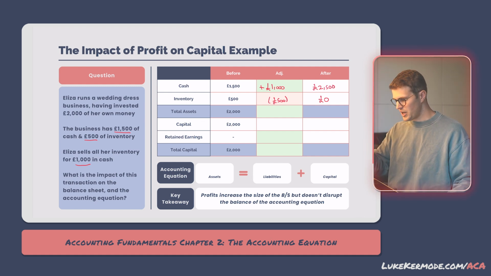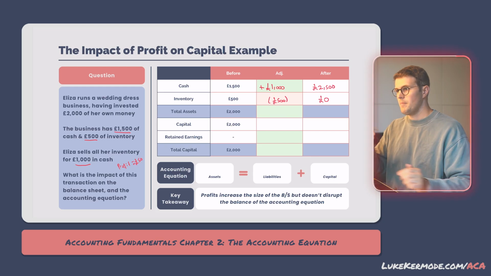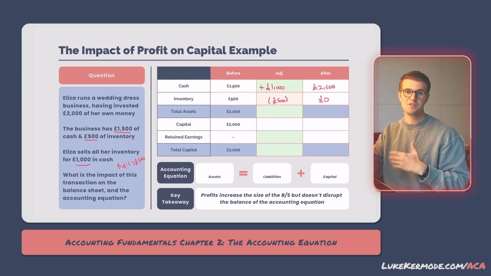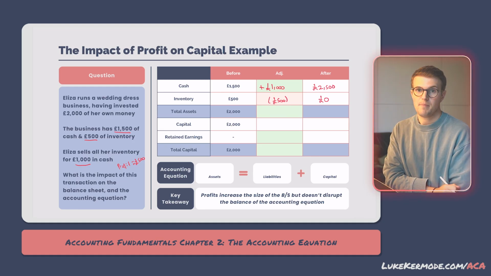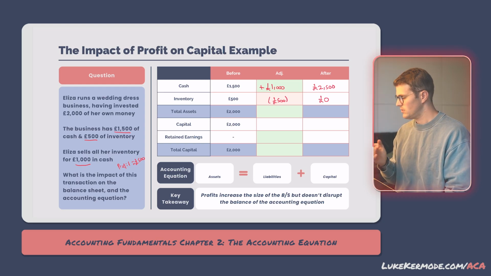The sale is going to have generated a profit of 500 because the dresses that were sitting in inventory cost £500. That's going to be our cost of sales, and we sold them for £1,000. So the profit's 500, but where does the profit go on the statement of financial position?